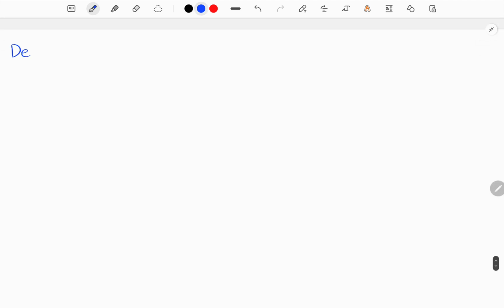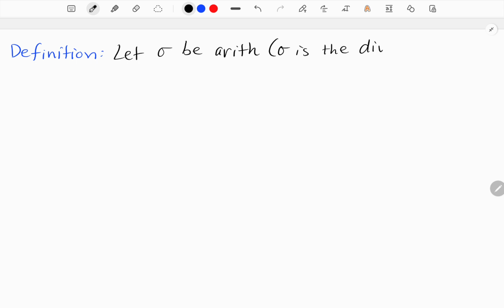Now let's move on to its big brother, the summatory function, sigma. Okay, so let sigma be arithmetic, and sigma here is the divisor summatory function.